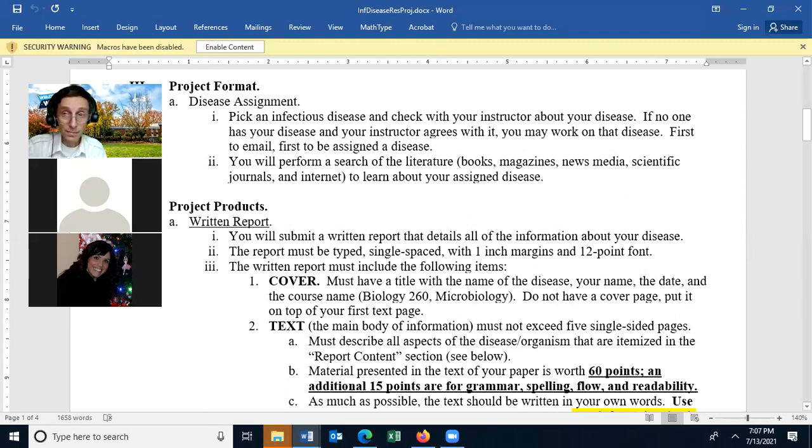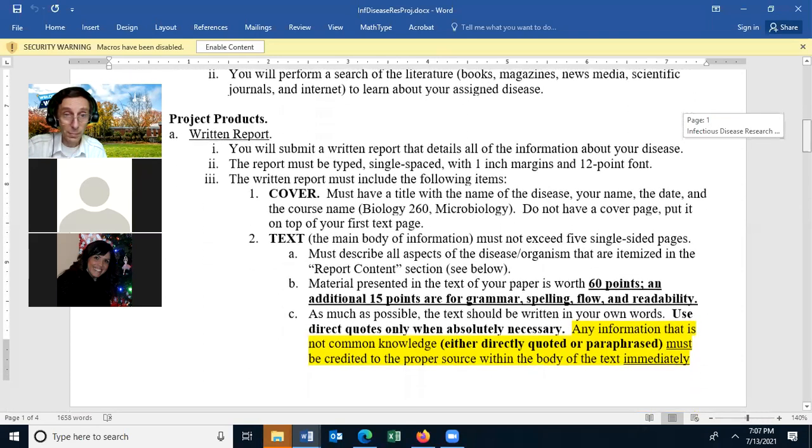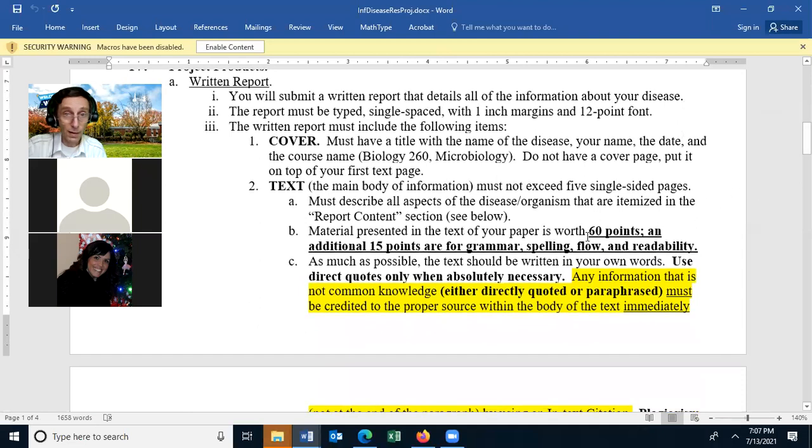In the body of your research paper, you must describe all aspects of the disease and put it in headings for the different categories, and I'll show you the categories in a minute. The body of the paper will be worth 60 points.